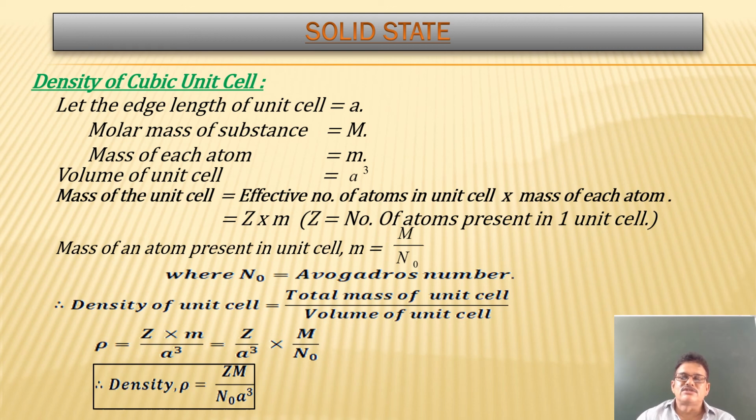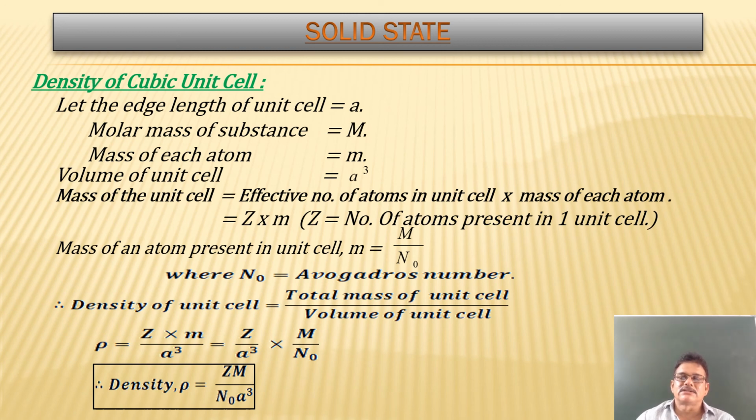M is molar mass. If the solid is formed by atoms, this becomes equal to atomic mass. If the solid is made by molecules, then it will be the molecular mass. If the solid crystal is an ionic substance, then capital M becomes the formula mass.